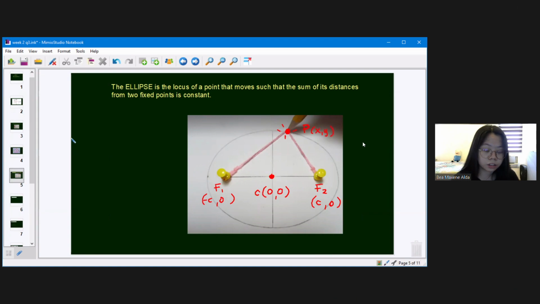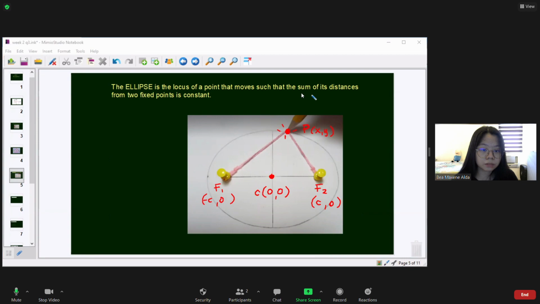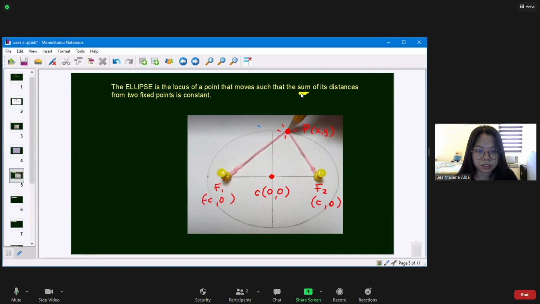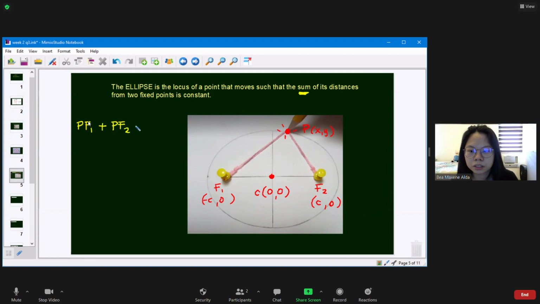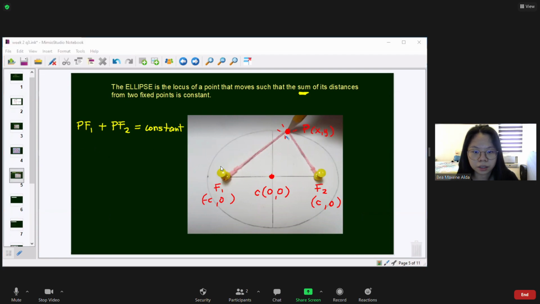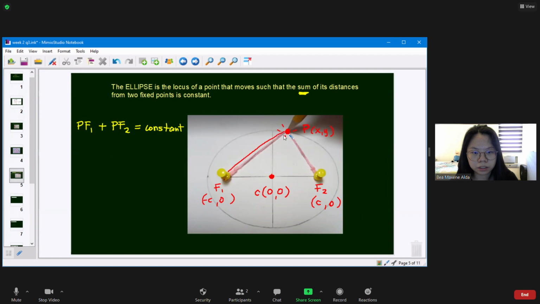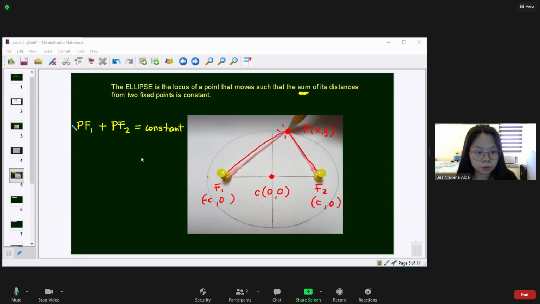And then going back to the definition, the sum of its distances is constant. So we'll put it right here. So the first distance plus the second distance, the sum of it is always the same, or like it's written, a constant. Now, the distance from a point to a point makes sense, right? So we'll follow through the equation of that.